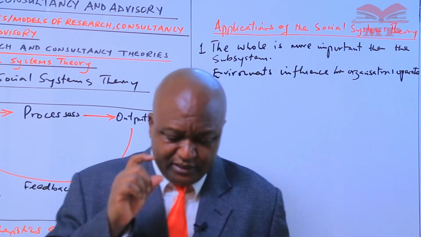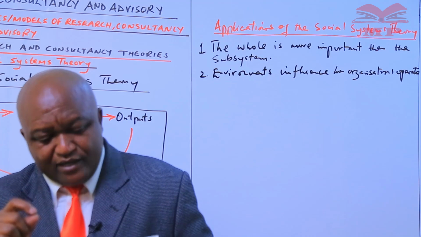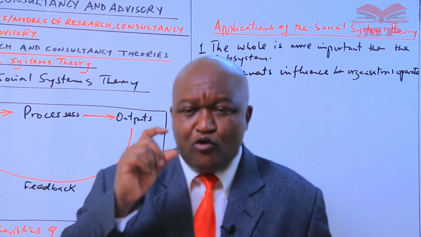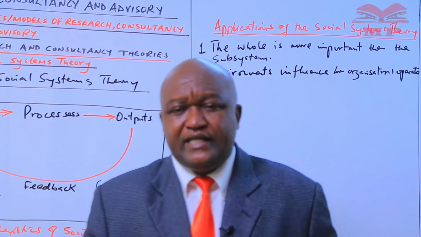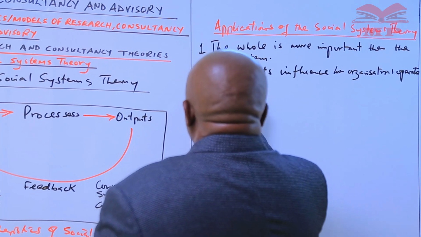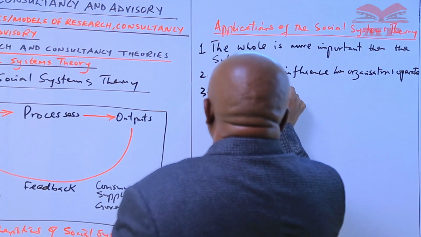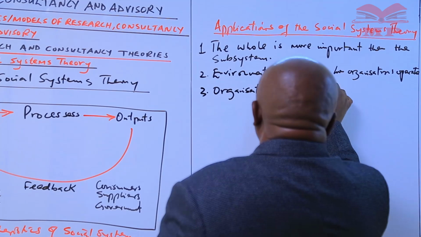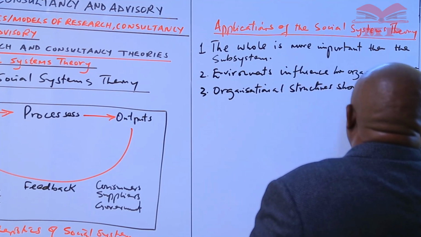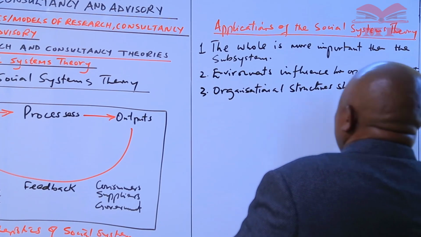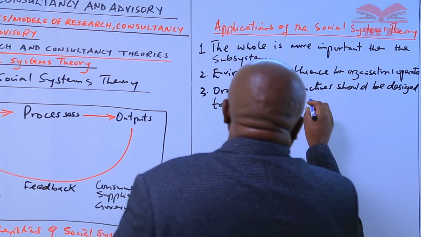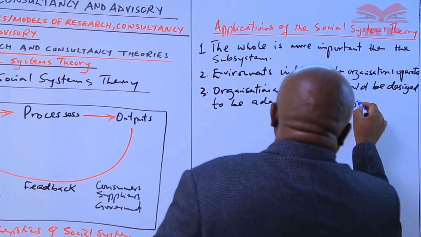Then it's also important to note that another area of application of the social systems theory is that organizational structures should be designed to be adaptive to changes.